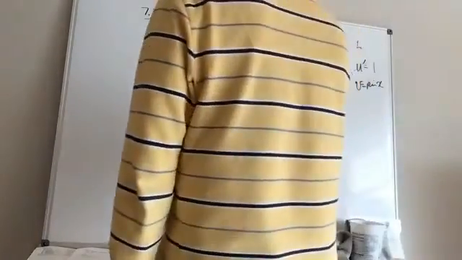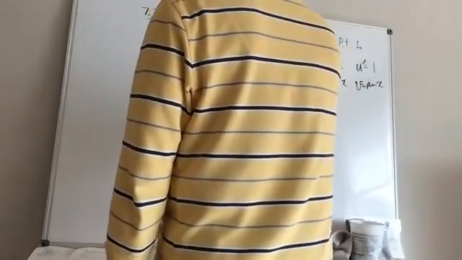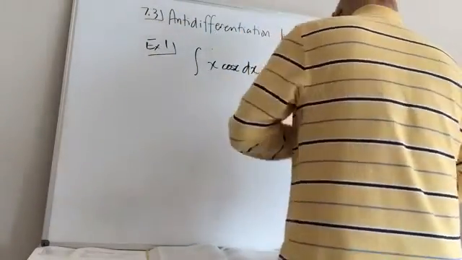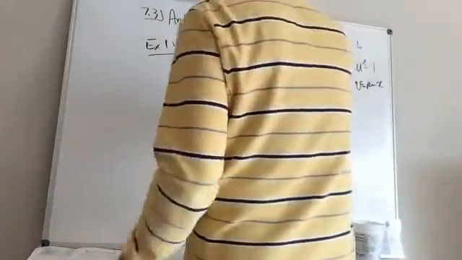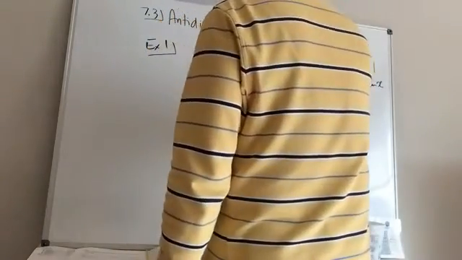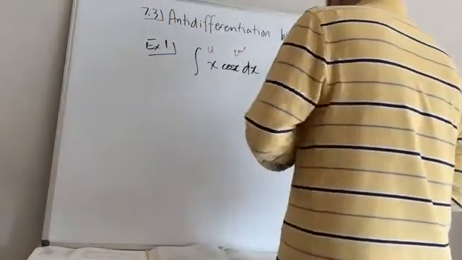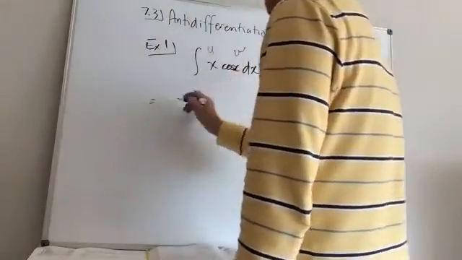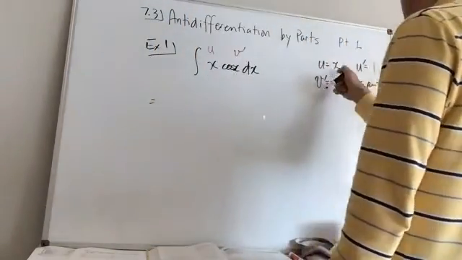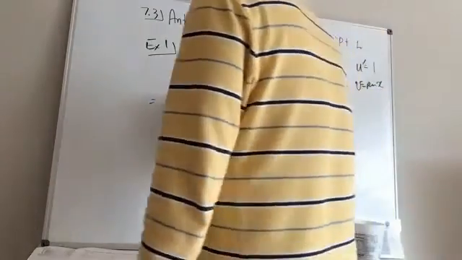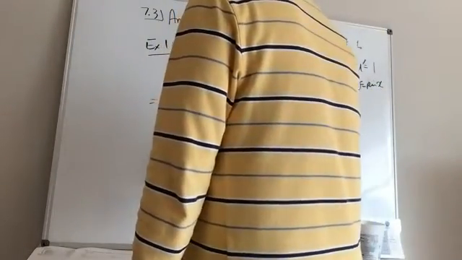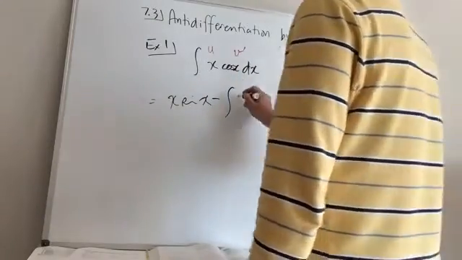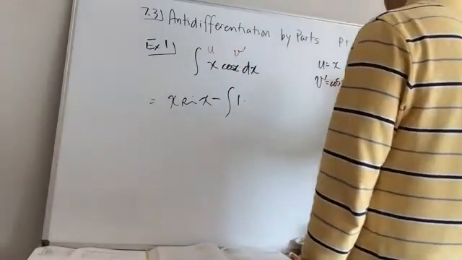Okay, so I said that this was going to be u. Let's do this in a different color so I don't get too complicated here. This is going to be u. This here was v prime. So when I do the integration, I'm going to get uv, u times v, minus u prime, which was 1, times v.